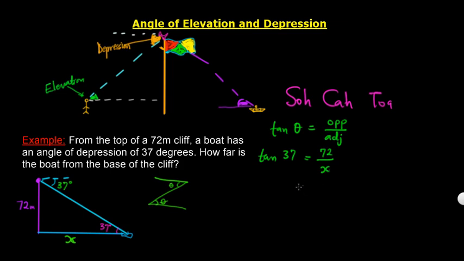So making x the subject, x will be equal to 72 divided by tan 37, which we can check on our calculator. We are going to have tan of 37 give us 0.7525.